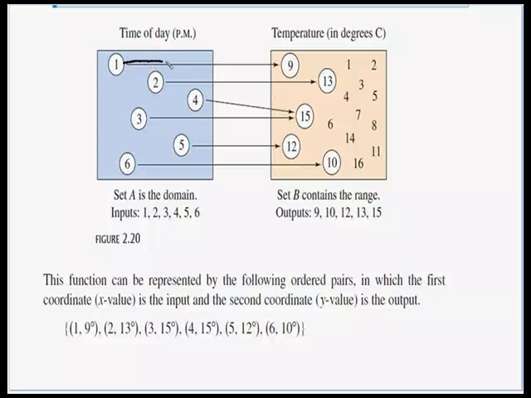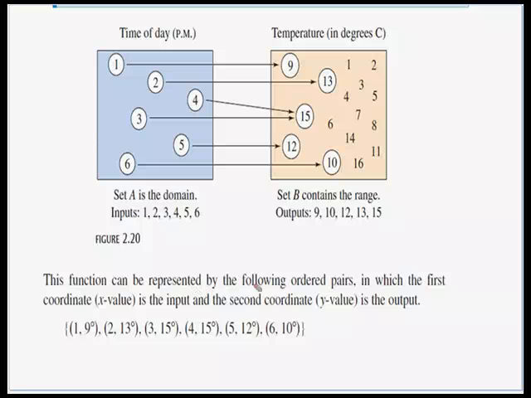So we see that 1 is mapped onto the number 9. Number 2 is mapped onto the number 13. Number 4 is mapped to 15, and so is 3. 3 is also mapped to the same number 15. 5 is paired up with 12, and 6 is paired up with 10. So every member of the domain is matched up with only one member of the range, and this is going to classify or qualify as a function.